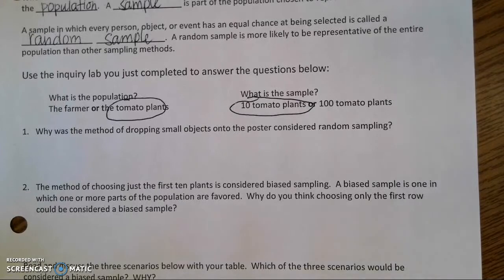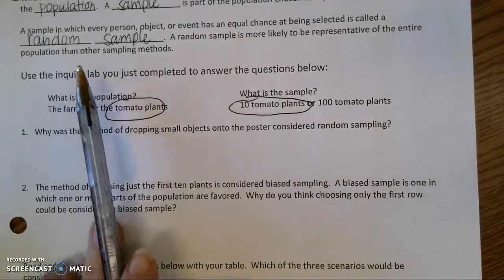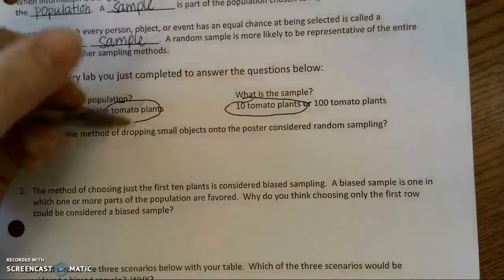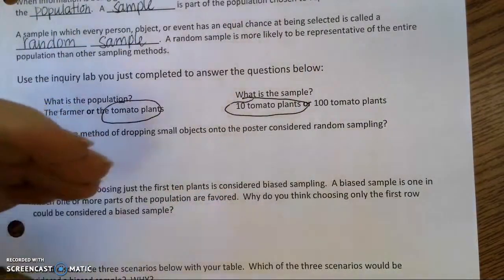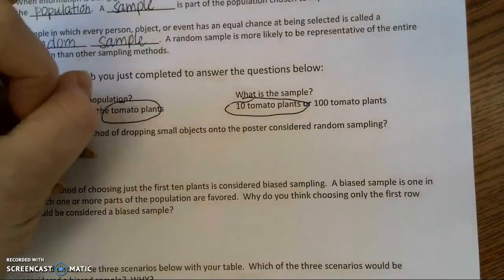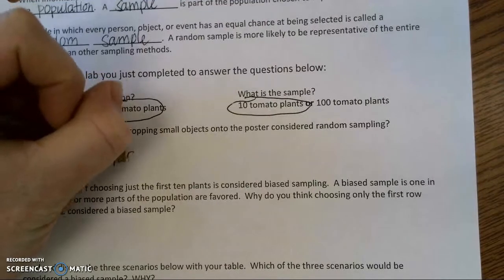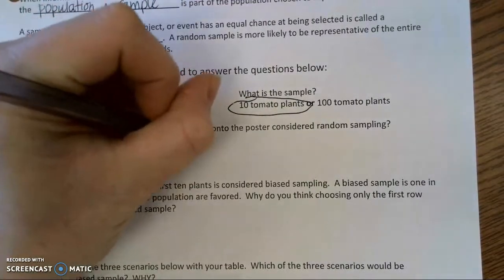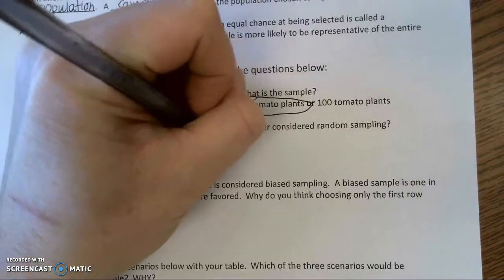That takes us back to up at the top, where it says everybody has an equal chance. On that poster, every single plant had an equal chance of being selected. So that's what we're going to write down: equal chance at being selected.